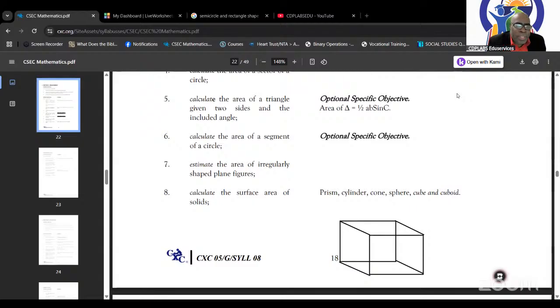All right. Tell you what. When we talk about area, the difference between length and area. Now, I'm going to use something to explain to you.